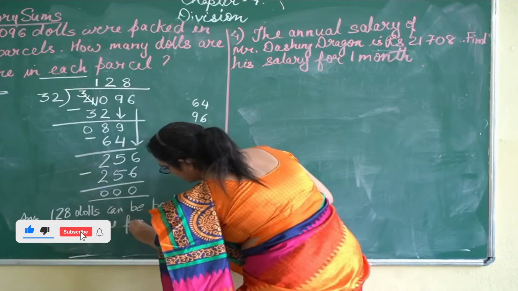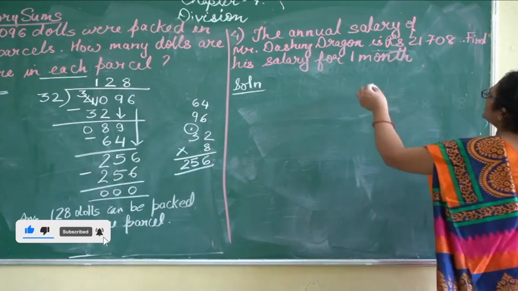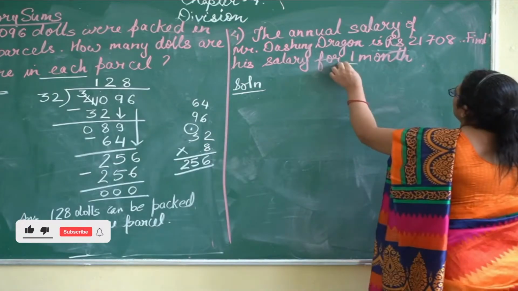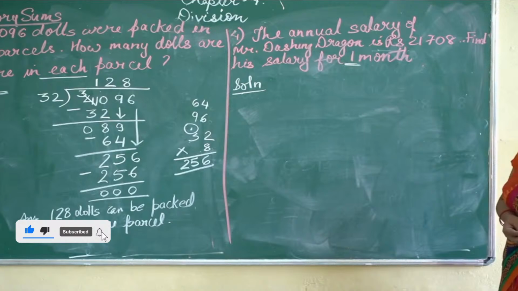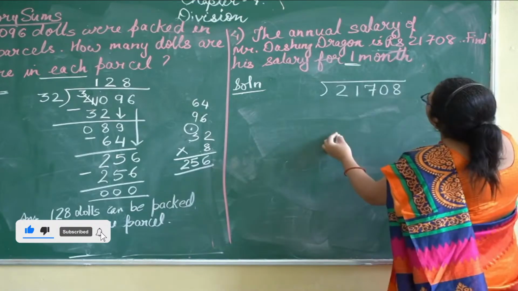Okay. Next question. The annual salary of Mr. Dashing Dragon is rupees 21,708. Find his salary for 1 month. Again, 1 is given. You have to find for 1 month. For 1 month, we have to divide. Okay, how will you divide? 21,708 divided by how much?